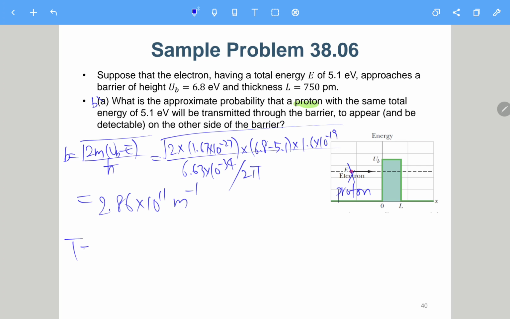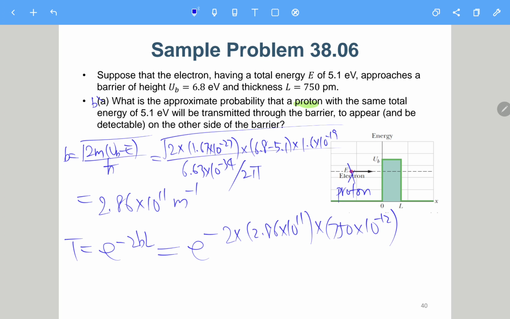So T equals exponential to negative 2B L. So exponential to negative 2 times 2.86 times 10 to the 11th power, still multiplied by 750 picometer, 750 times 10 to minus 12. So you can see, this is much larger.